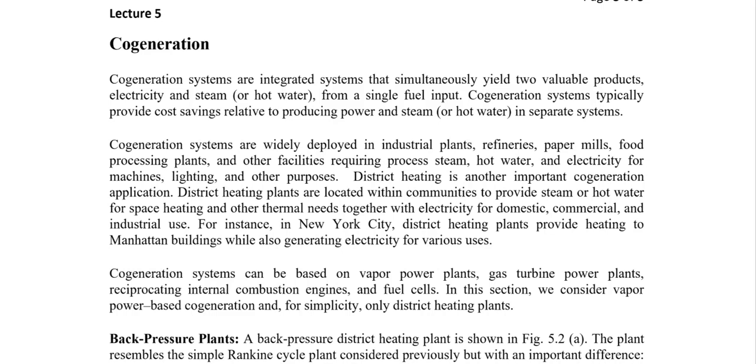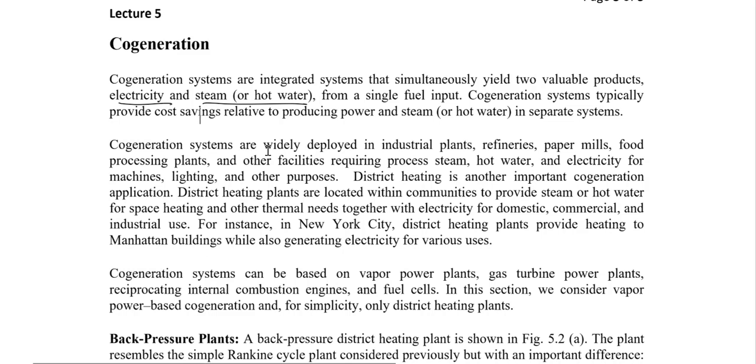Cogeneration systems are normally integrated systems that simultaneously produce valuable products, electricity and steam or hot water, from a single fuel input. Cogeneration is cost effective, with cost savings relative to producing power and steam in separate systems.